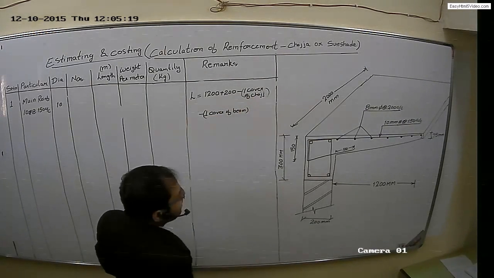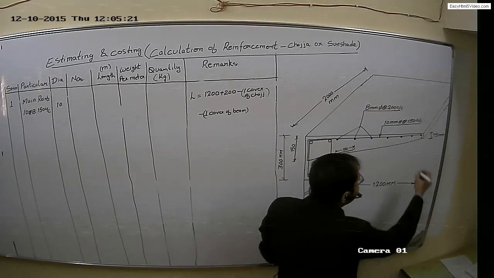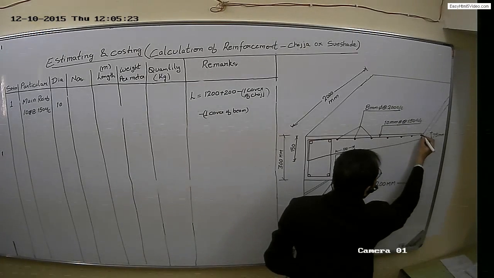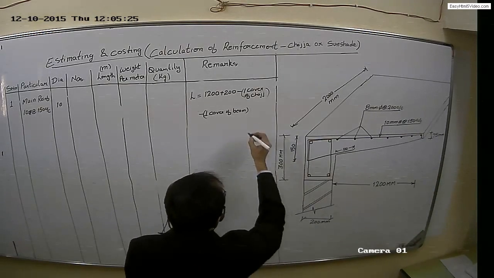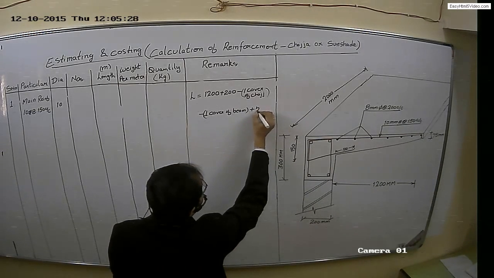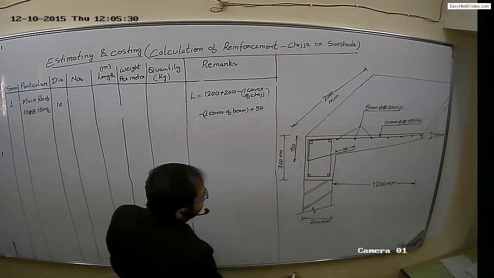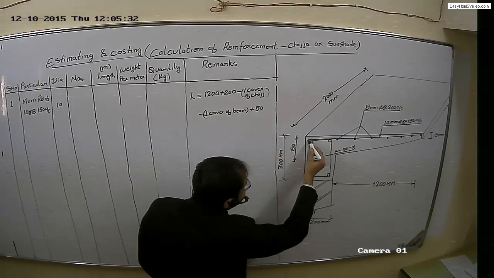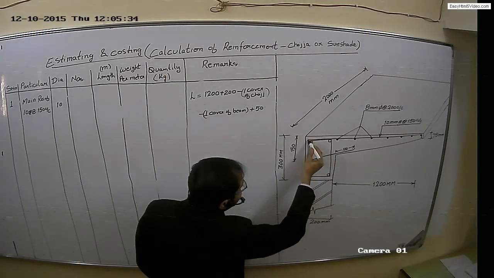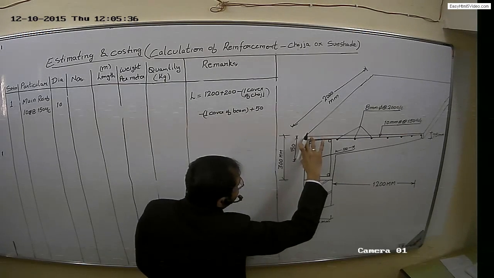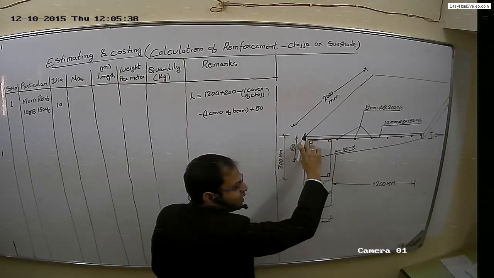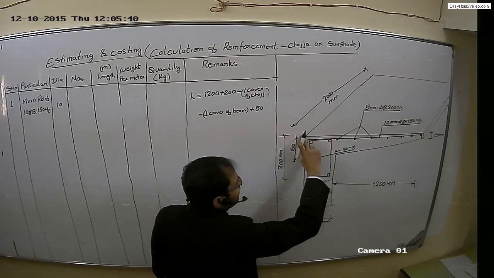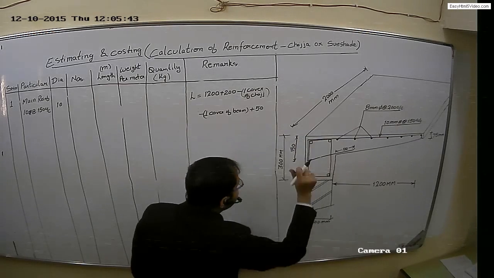Okay, then we have to add this particular L, which is 50 mm plus 50 mm L, then we have to add this length, which is 150 minus cover. The cover of beam is taken as 25, means 150 minus 25, which is 125.